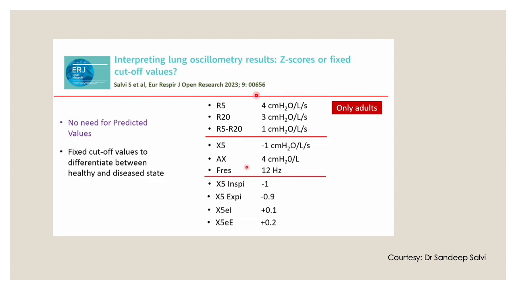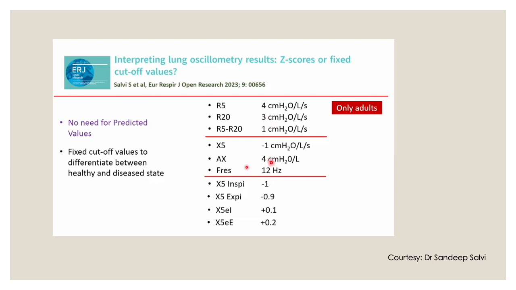In adults, however, something which is a matter of simplification and can be very useful is that any R5 more than 4, R20 more than 3, R5 minus R20 more than 1 will be abnormal. X5 less negative than minus 1 is normal, more negative than minus 1 is abnormal, and AX should be around 4.